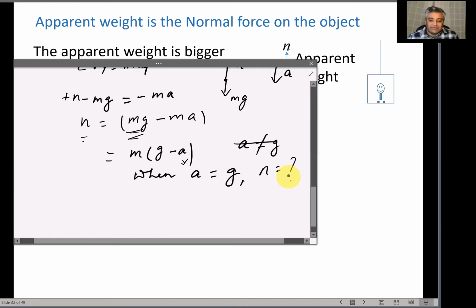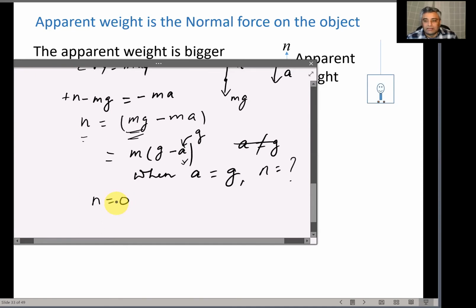So when you replace this by, let's say, G, what's going to happen? So Neil is saying it's 0, and so is Gabby. Are you guys seeing that 0 thingy? So G minus G means 0. So normal force is 0. Your apparent weight is 0.